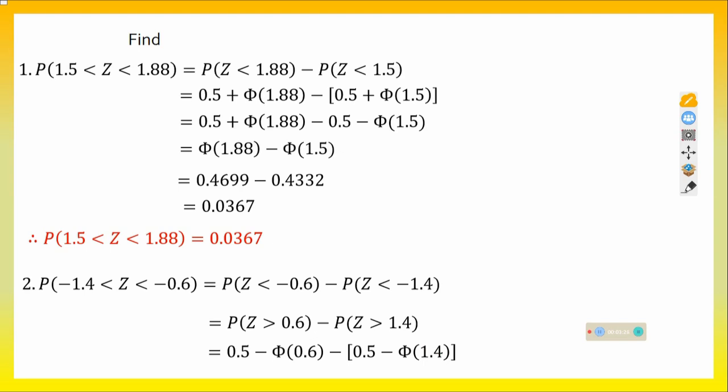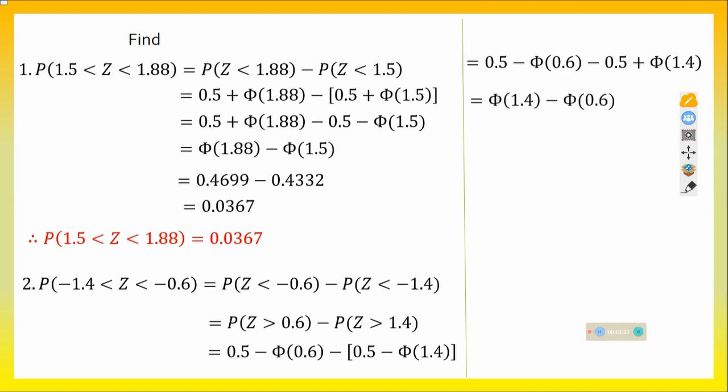On simplifying that, when you simplify, this will be a positive, this remains a minus. So we get the table reading of 1.4 minus the table reading of 0.6.